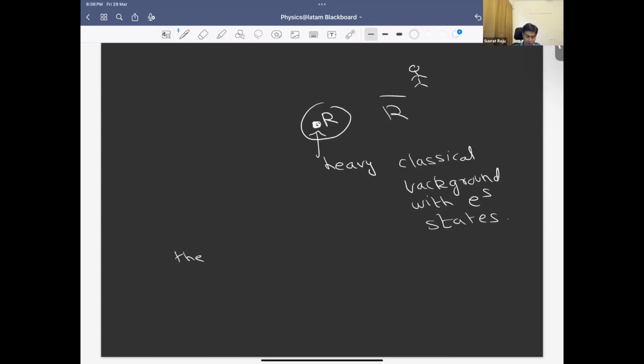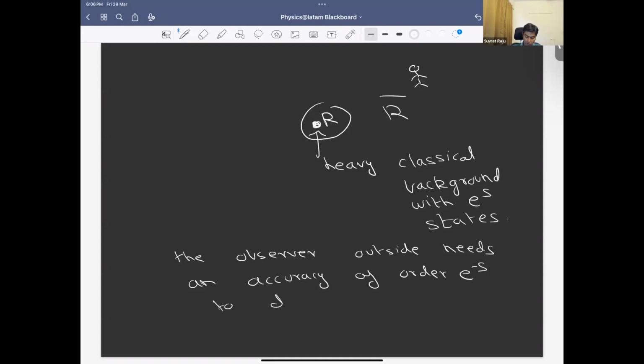The observer outside needs an accuracy of e to the minus S to distinguish states in R.